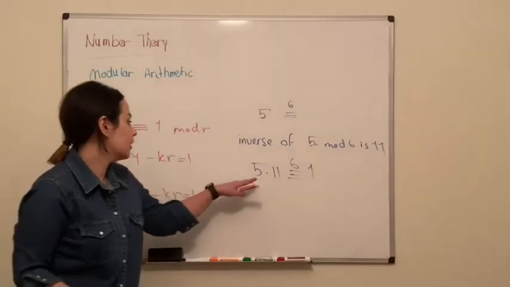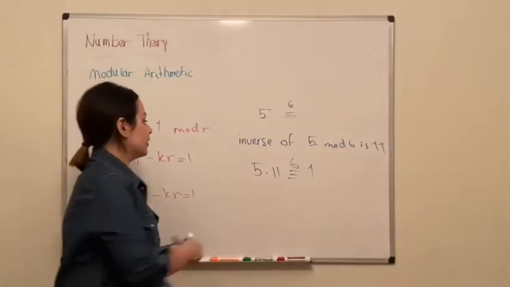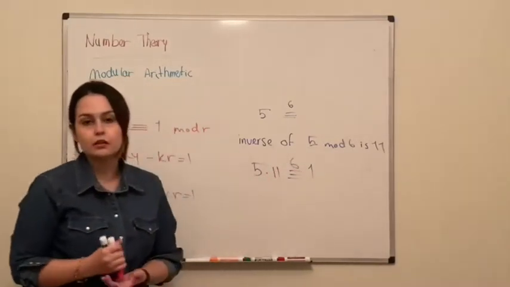In other words, 5 times 11 is equal to 55, and if I divide 55 by 6, then the remainder is 1.